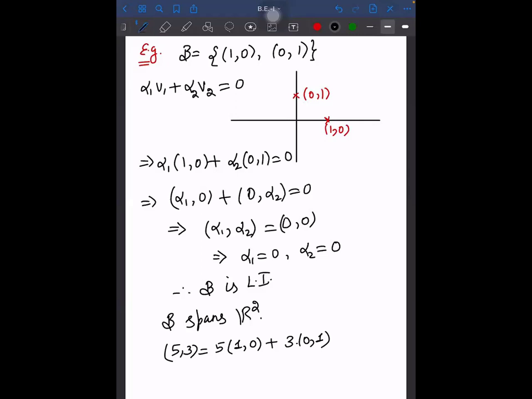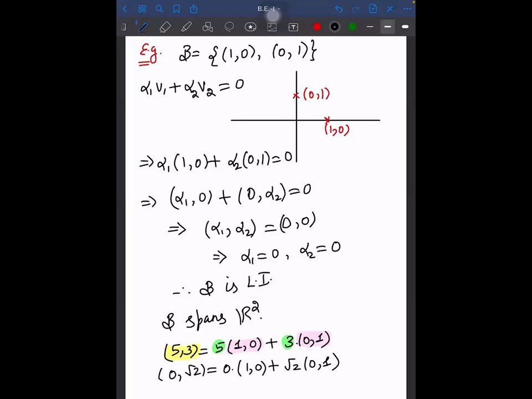So you get that this (5, 3) can be written as a linear combination of these two vectors, with suitable scalars. So can we do it for every vector? Yes, we can do it for (1, 3). Let's say if I take (0, root 2), even then it's fine: 0 times (1, 0) plus root 2 times (0, 1). Is it okay? Yes, sir.